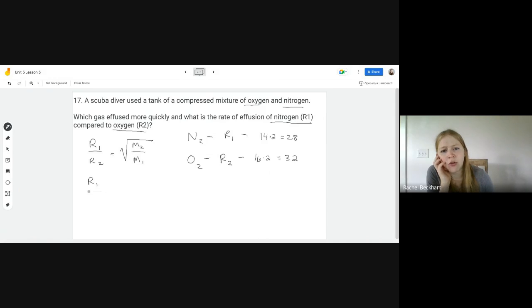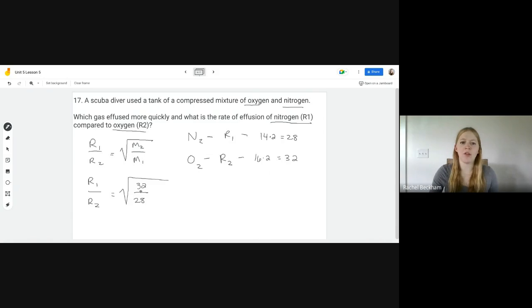So R1, which we don't know, over R2 equals the square root of M2, which is the 32. So see how it says M2? Well, it said that oxygen was our R2. So the M2 is going to correlate to the oxygen, and the M1 is going to correlate to the nitrogen.